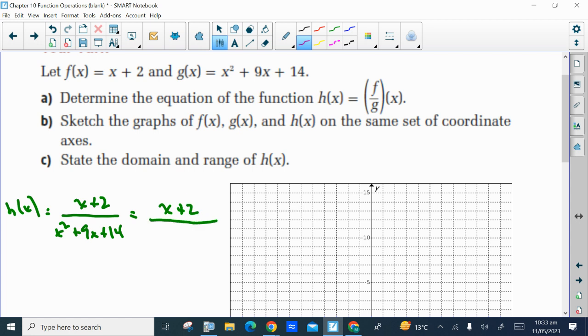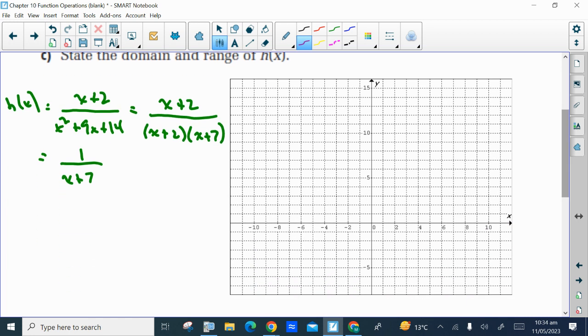To see whether this graph has a point of discontinuity, vertical asymptotes, or a combination of those, we factor the denominator, which factors to x plus 2, x plus 7. The x plus 2's cancel, and you're left with 1 over x plus 7. Because the x plus 2's cancel, that means there's a point of discontinuity at -2.